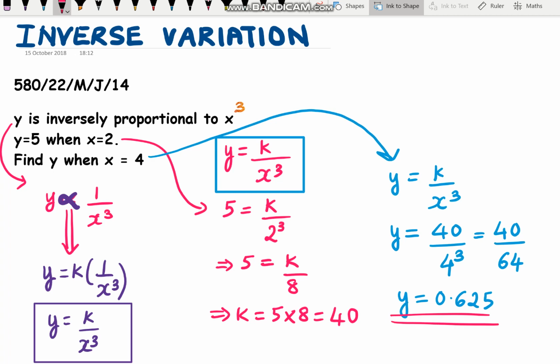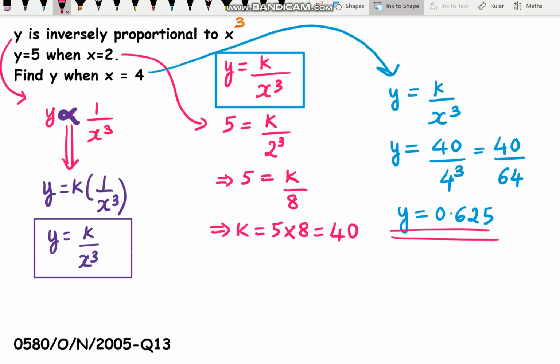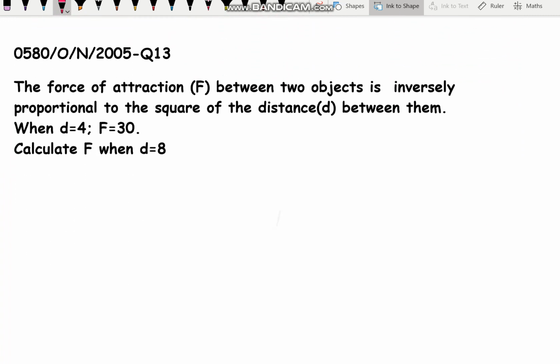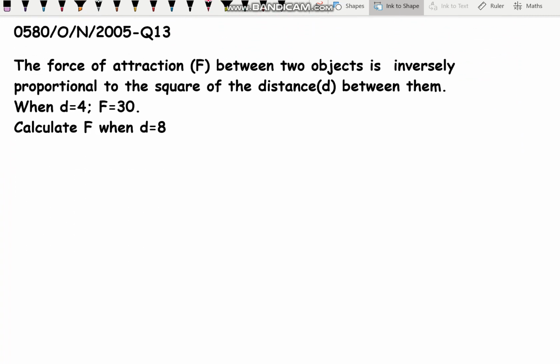Now let us solve another example which again has been taken from the IGCSE past papers. This question has been taken from October-November 2005 and it is question number 13. Again it is 0580. Let me read the question to you. The force of attraction F between two objects is inversely proportional to the square of the distance d between them.